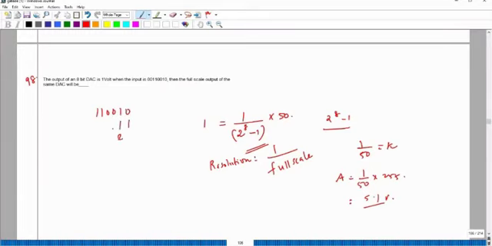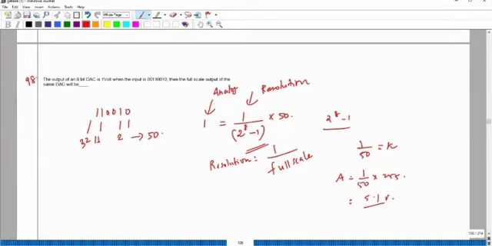This is 2, 4, 8, 16, this is 16, this is 32. If I add these, I will get 50. So 50 into resolution. This is resolution, and this is your analog output.